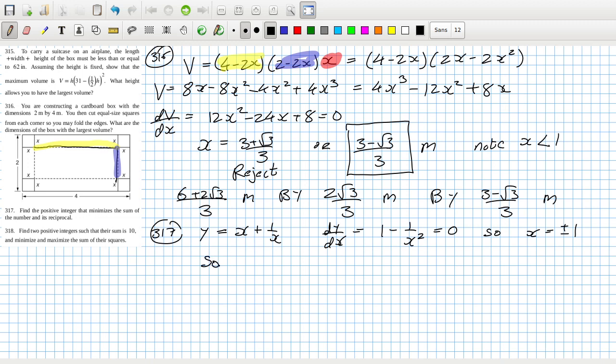So x equals minus 1, and we can confirm this with the second derivative, which will be 2 over x cubed. So we want a max, so we need the negative. So you need to choose x equals minus 1 if we want this to be less than 0.